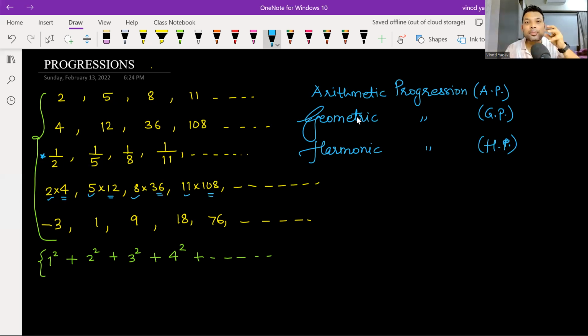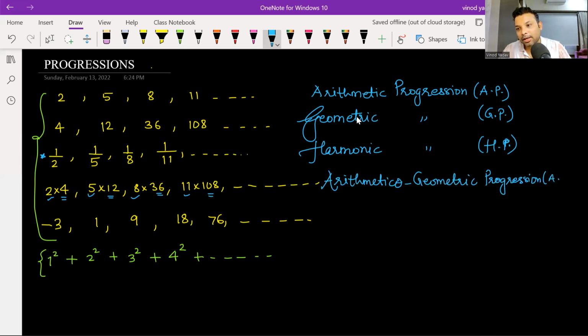So every term is a product of a term of an AP and a corresponding term of a GP. Such progressions are called arithmetico-geometric progression. What will the short form be? Yes, AGP.